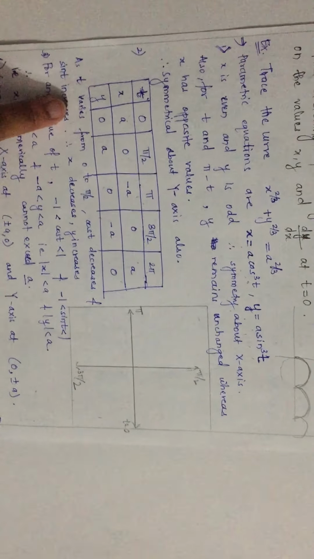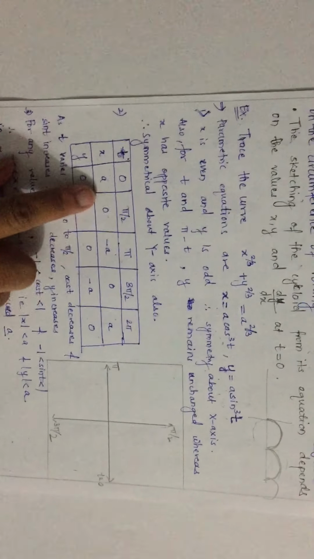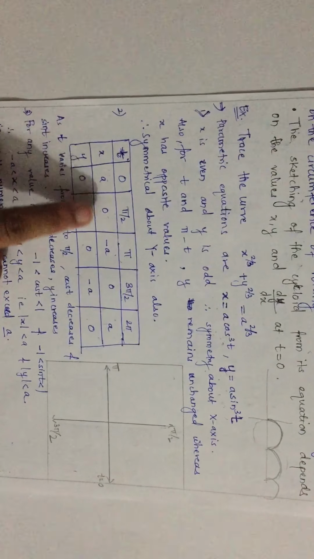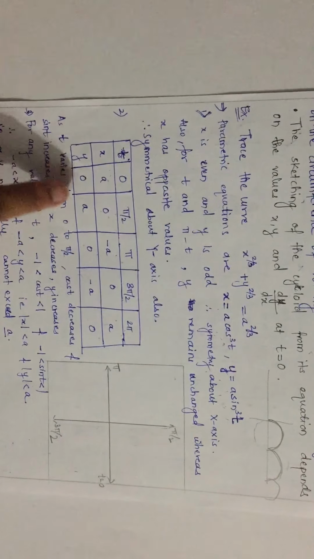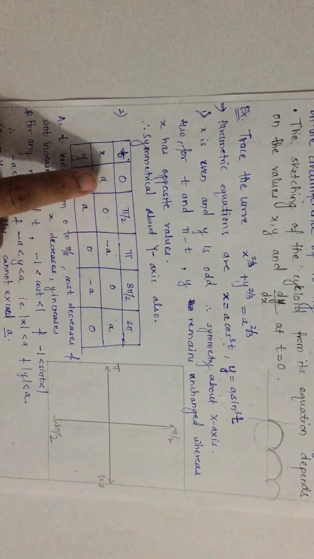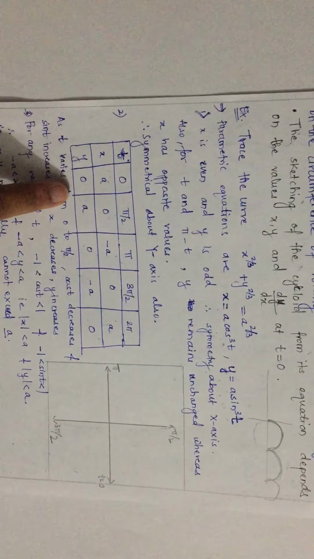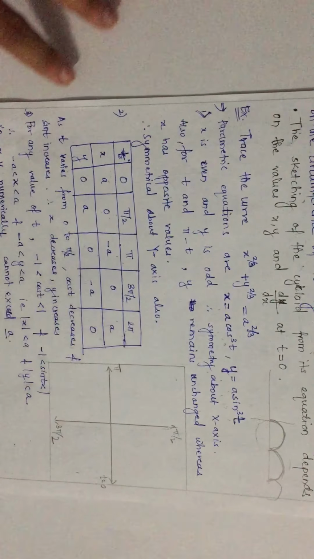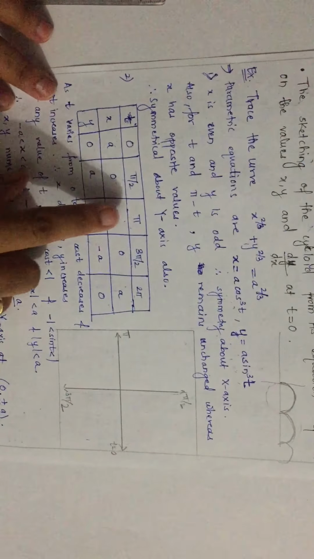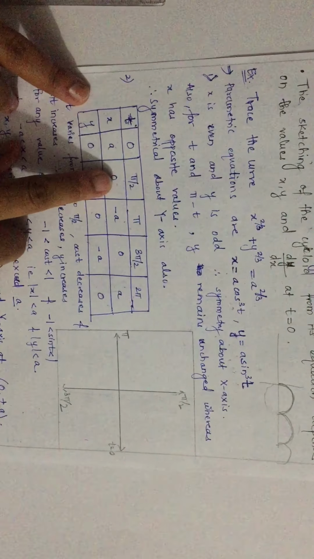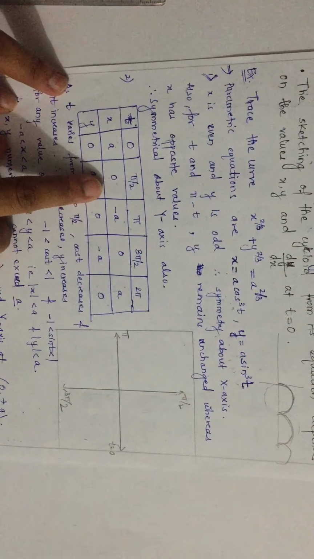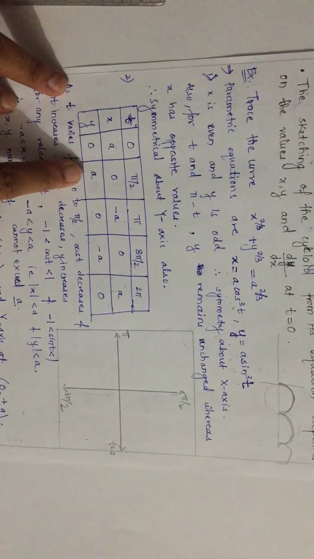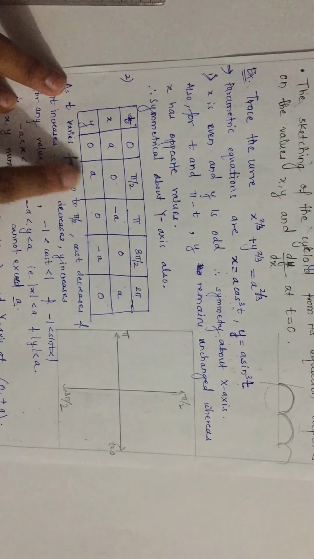If you observe, as t varies from 0 to pi by 2, cos t is decreasing whereas sin t is increasing. That is, x is decreasing whereas y is increasing in the interval 0 to pi by 2. And further, in the interval pi by 2 to pi, x is again decreasing and y is also decreasing.